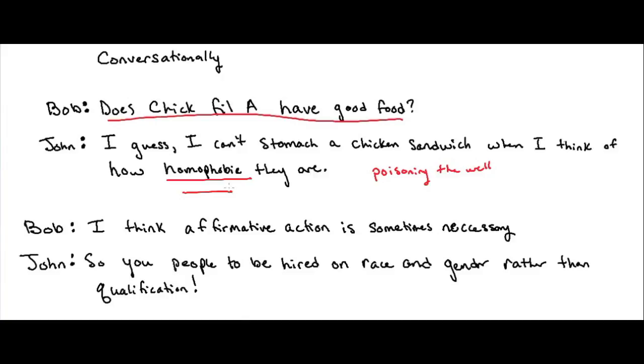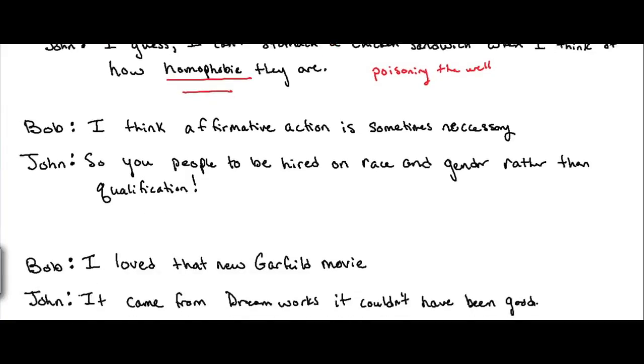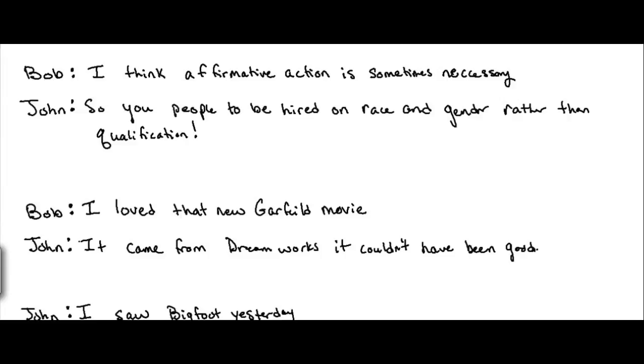Looking at this next example, we're going to say Bob says, "I think affirmative action is sometimes necessary." John will retort, "So you think people should be hired on race and gender rather than qualification?" So this is an example of a straw man.